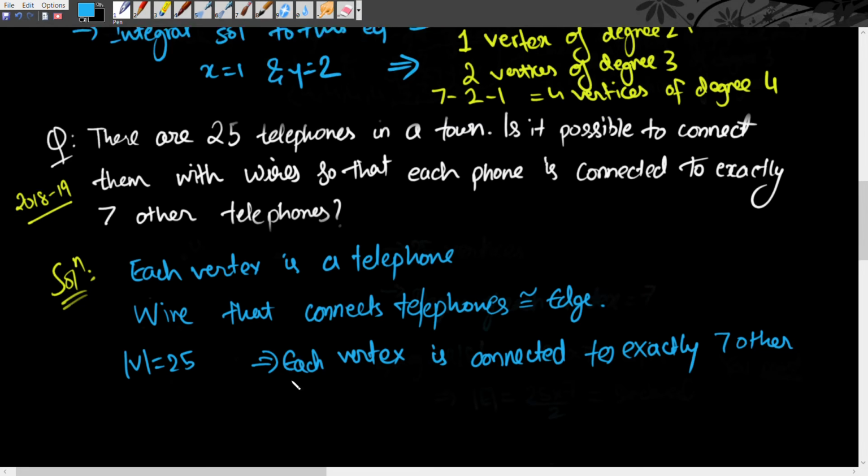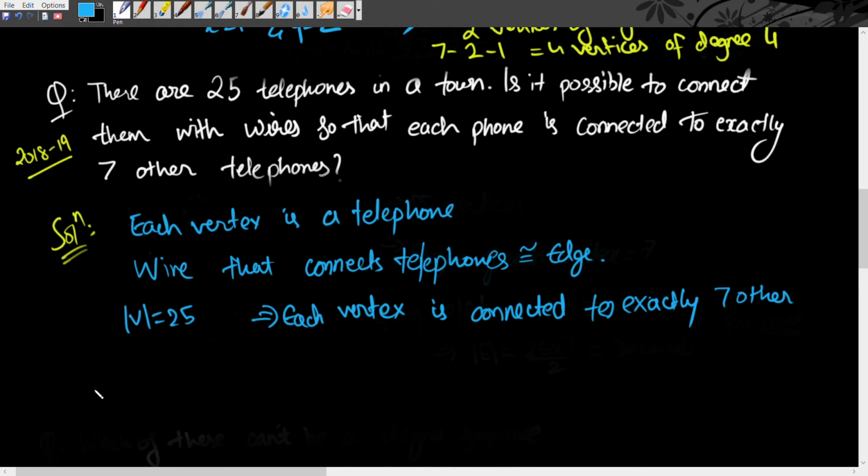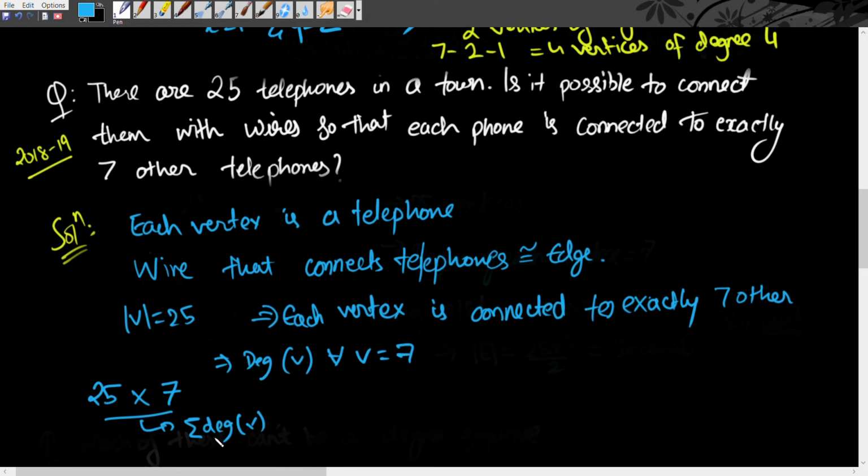So that means that the degree of each vertex is 7, right? Using the same theorem, this is essentially the summation of degrees, but since the degree is the same for all, we just write it as multiplication. Therefore 25 times 7 is equal to twice the number of edges.